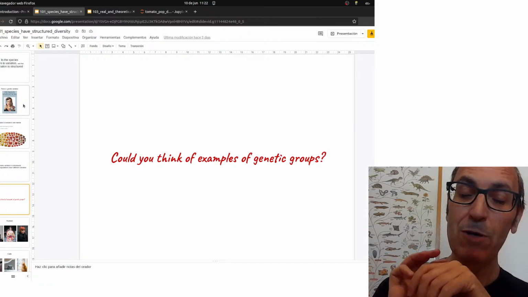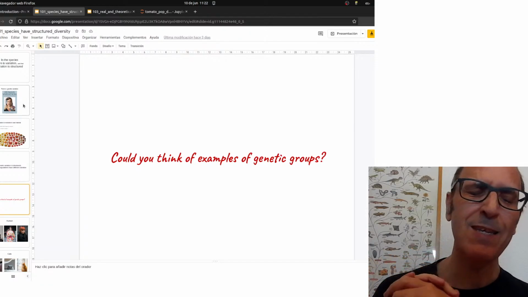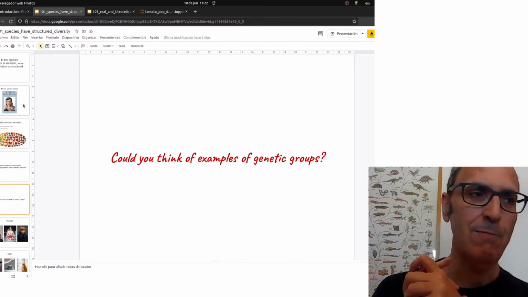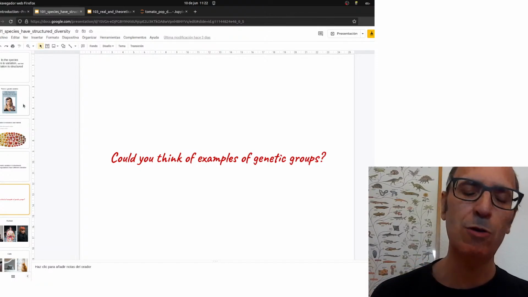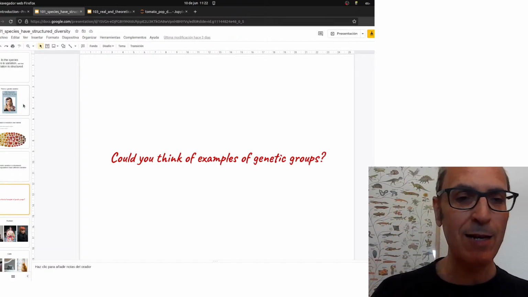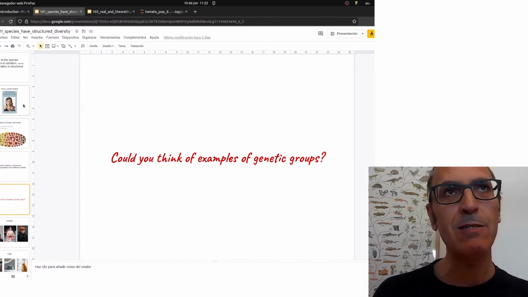I recommend you think about different species and different examples of genetic groups. For instance, in humans, genetic variation is clearly not uniformly structured. There are clear morphological clines or groups in different parts of the planet.